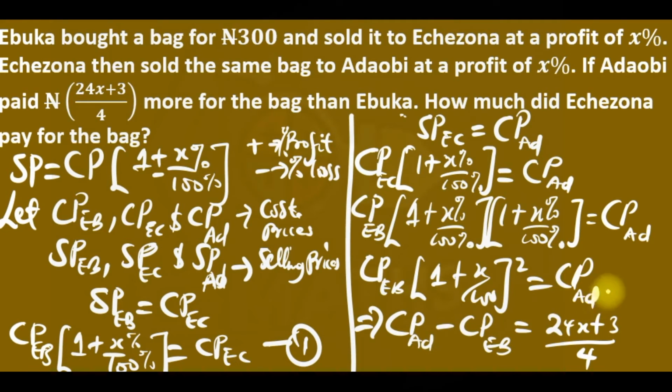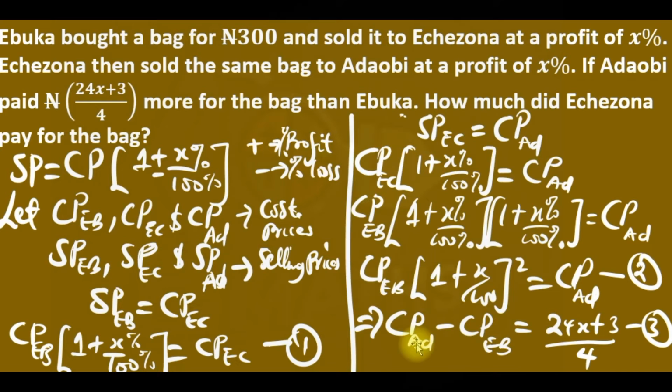We substitute this so that we have a common term, because I can't work with this; I need to write the cost price of Adobe in terms of that of Ebuka. Let's call this equation 2, and this one equation 3. We substitute equation 2 in equation 3.